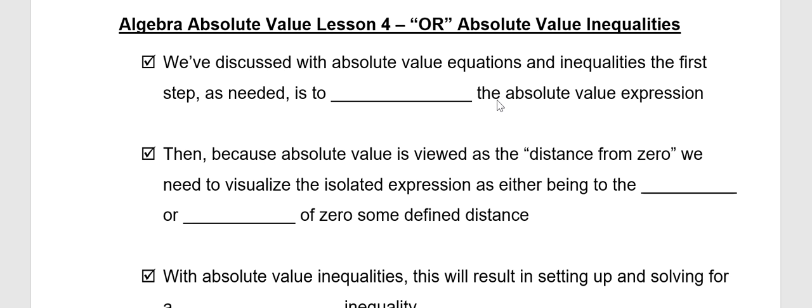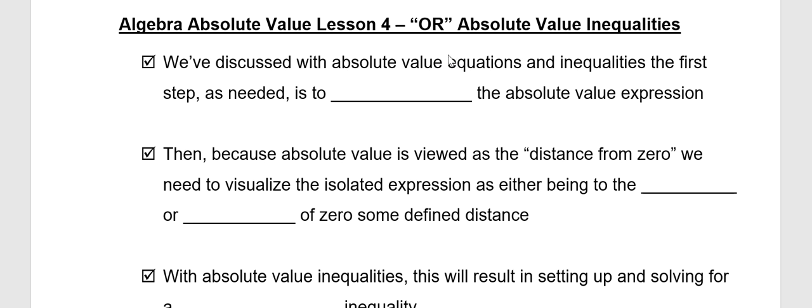So we started our discussion about absolute value inequalities yesterday, focusing on the "and" absolute value inequalities. Now remember, with an absolute value inequality, we're still going to get the two results. The only thing is they're not going to be two solutions like we get with an absolute value equation.